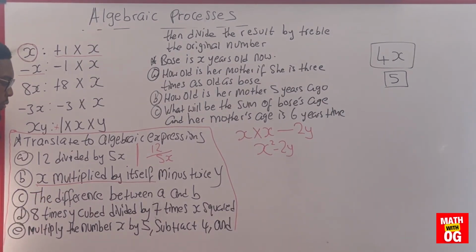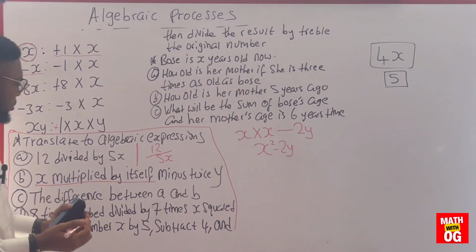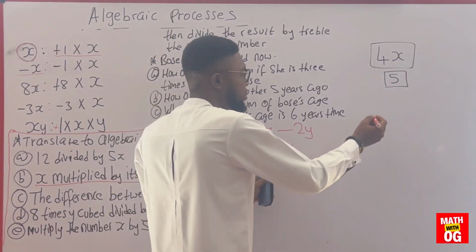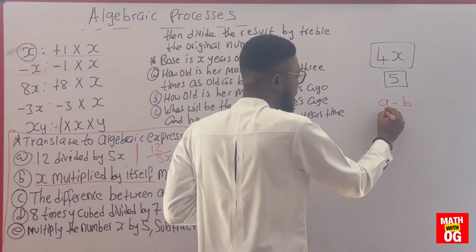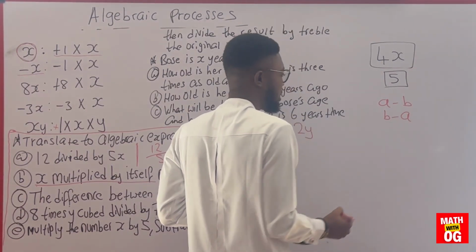Now the next question, difference between a and b. This question is quite ambiguous because when you ask the difference between two things, you can either say the difference between a and b is a minus b, or the difference between a and b is b minus a.